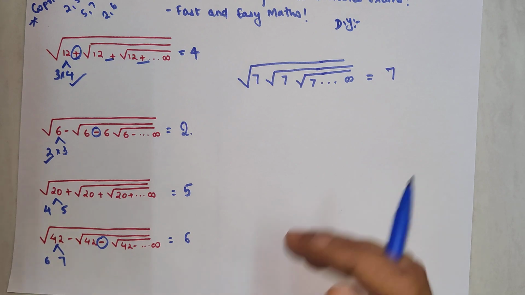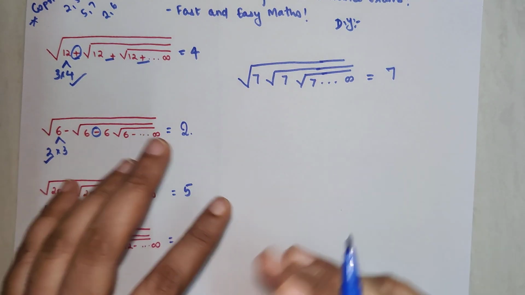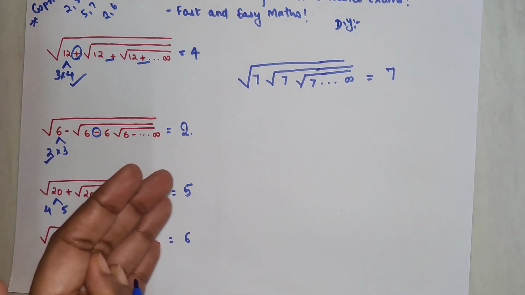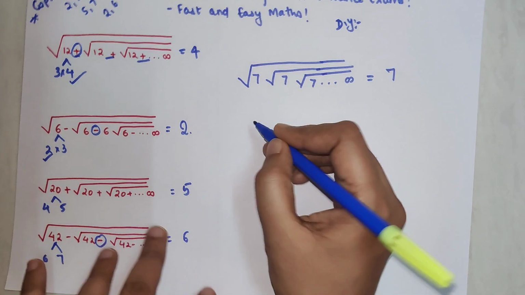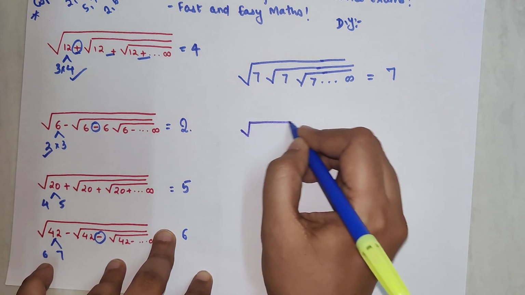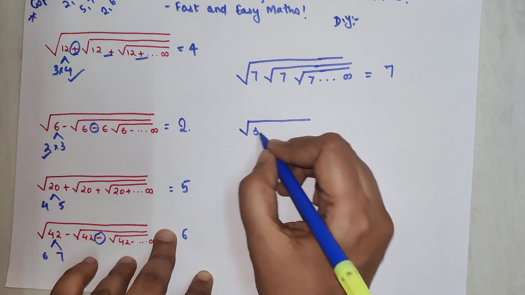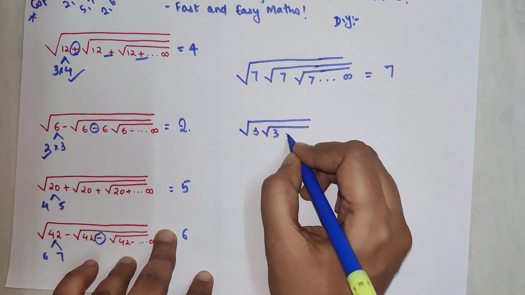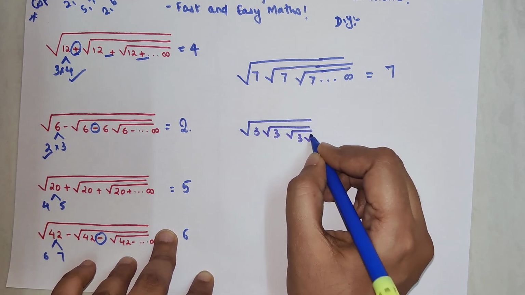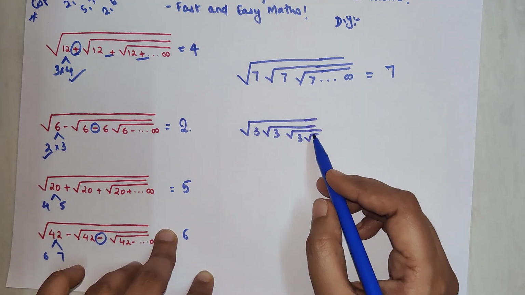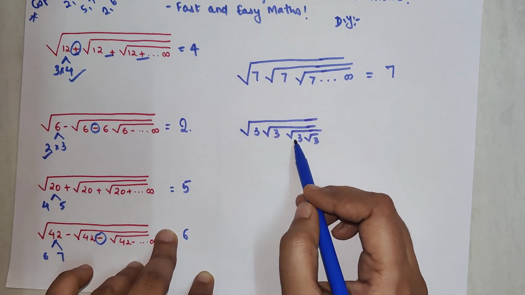It's super simple. Now here comes the point where you might be thinking, acha, what happens when they are not going up to infinity? So if it does not go up to infinity, let's say this is 3 root 3 root 3 root 3. How many times do we have roots over here? 1, 2, 3 and 4.